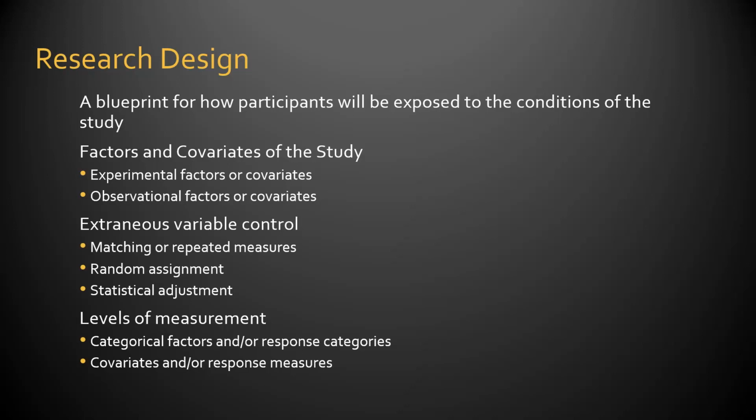Now, you can have categories both for your explanatory side, that is your factors, or for the response side. In the videos that we have done in this course, we've never seen categorical on the response side. However, we're going to see that before the course ends.